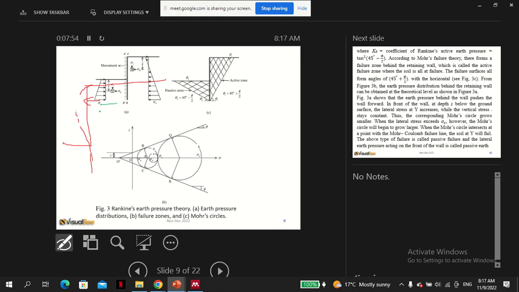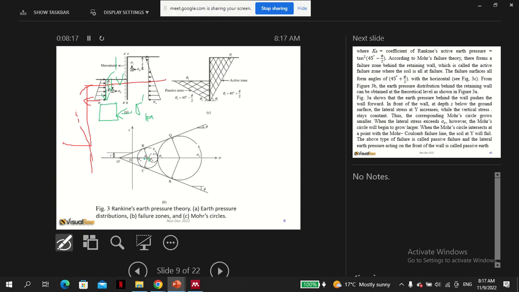So this value will have the same sigma v, but this value is reduced. We have a different value of sigma h in the active case, which is reduced. So this was the value of sigma h initially.